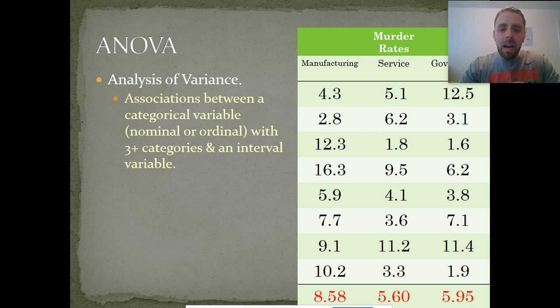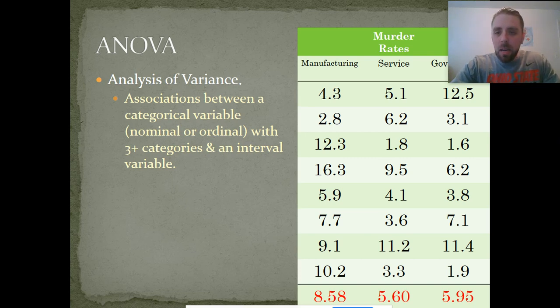Here, we still have the means that we care about. It's still an interval level mean that we want to test. But we want to look for differences now across more than just those 2 categories, because a great deal of the world and social life is just not reducible to 2 and only 2 categories.